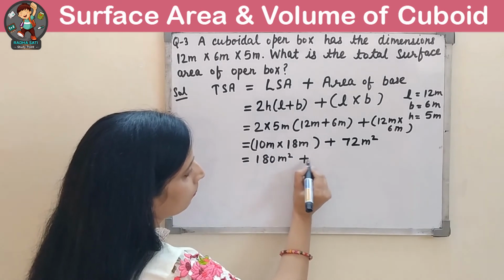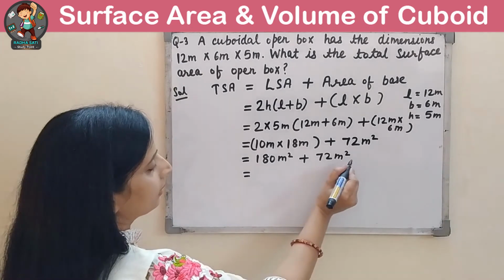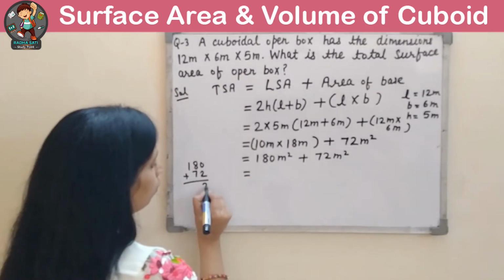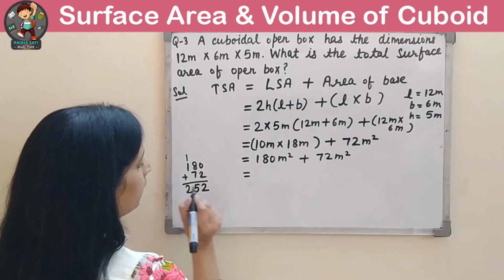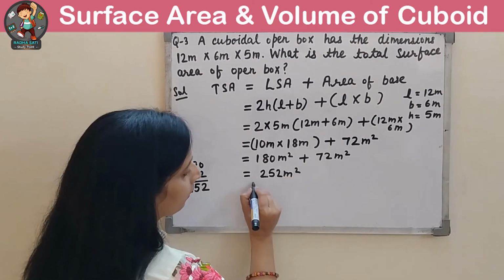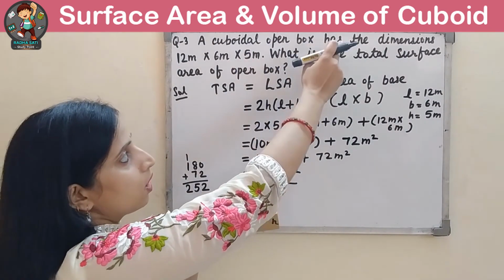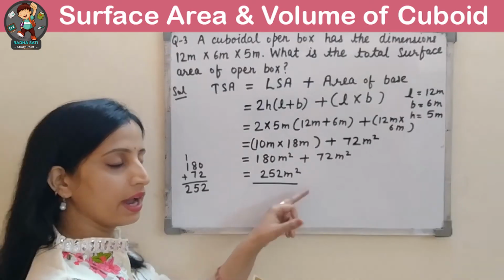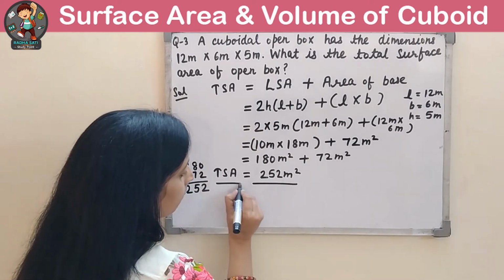Meter square plus 72 meter square. Now add these two. 180 plus 72. 2 will come here. 8 plus 7, 15. 1 we will carry. 252 meter square. This means the area of the cuboidal open box will be 252 meter square. This is the TSA, total surface area.